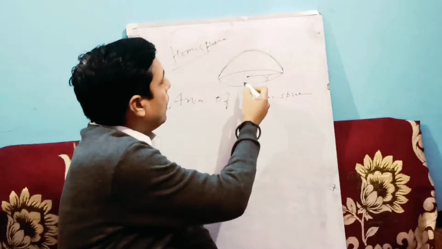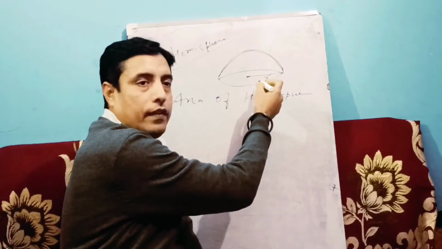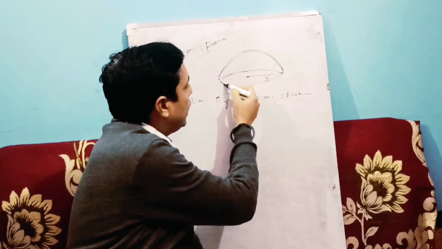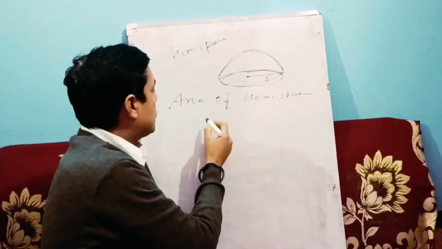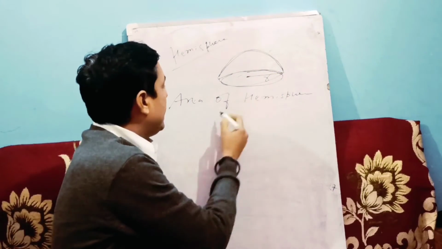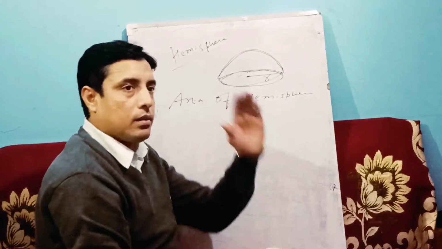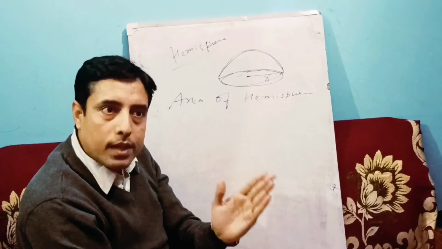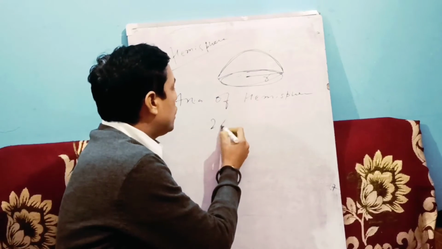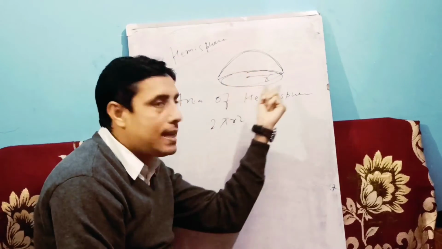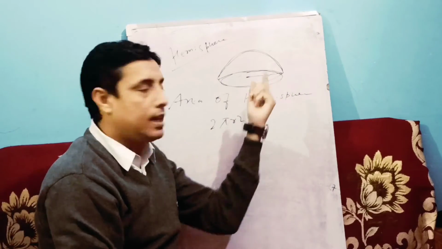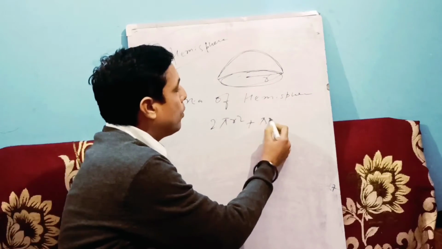But now when you calculate the area of the hemisphere, you have to include this circle also. The total area of the sphere was 4 pi r square, so the curved area of the hemisphere would be 2 pi r square plus the base area of the circle. The base area of the circle is pi r square more.